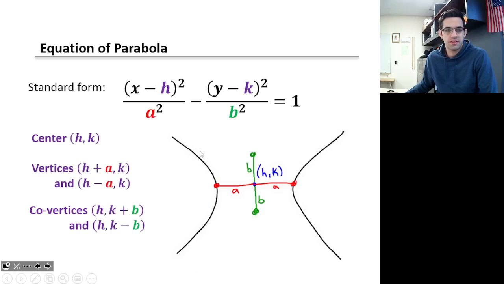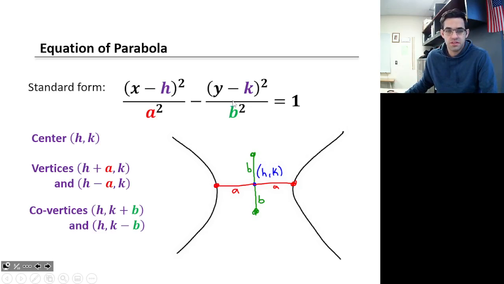Alright, so now if the x squared term is first, like if our b was positive and our a was negative, we get an x squared term minus a y squared term. If we get x squared minus y squared, then what we get is a hyperbola that opens to the left and to the right. Again, identical parabolas, except one's facing right, one's facing left.